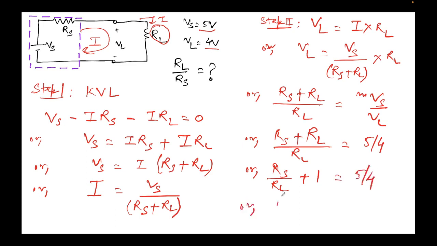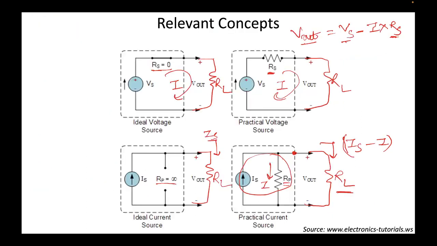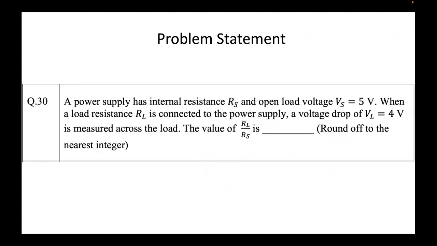Or we can obtain the value of Rs over RL as 5 by 4 minus 1, which is equal to 1 by 4. Now, we were required to find the value of RL over Rs, but we have found the value of Rs over RL. We can simply invert the result and arrive at RL over Rs equal to 4, which is the value we needed to find, and we can simply plug in this value in our answer here.